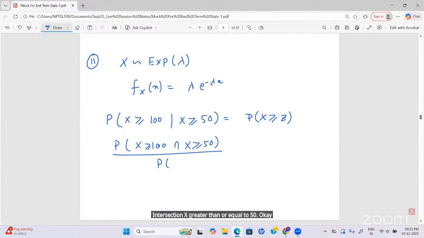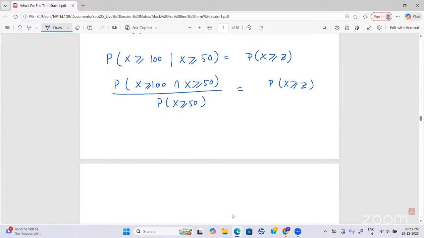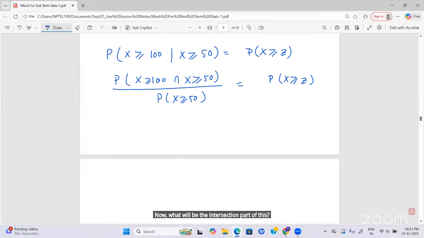What will be the intersection part of this? It will be x greater than or equal to 100.